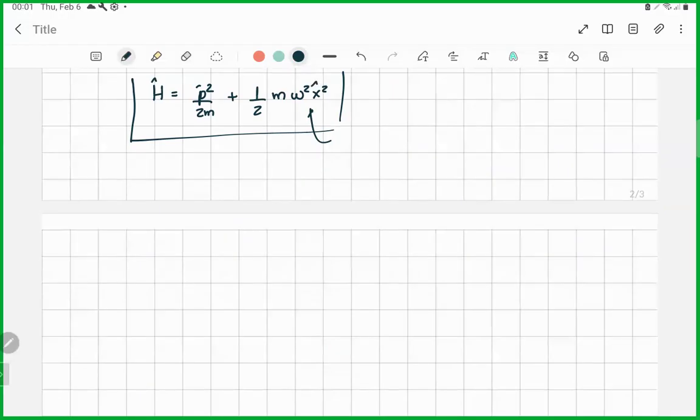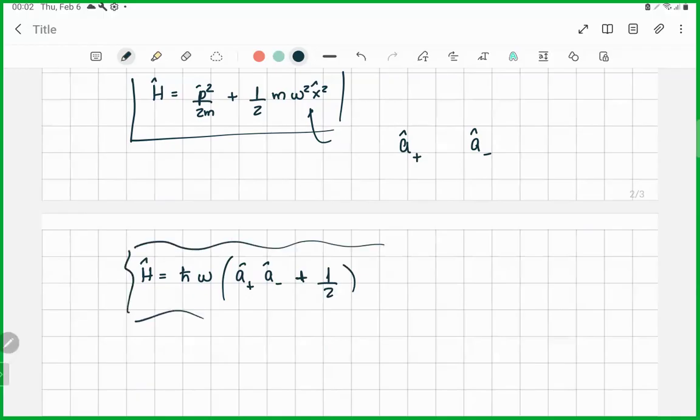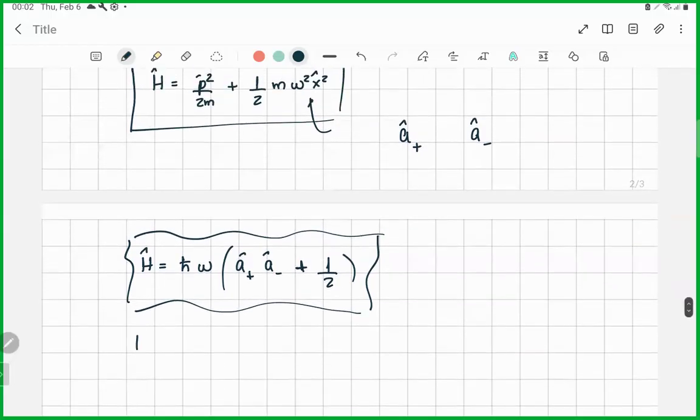But after introducing the operator a plus and the operator a minus, we found out that we can write this Hamiltonian as equivalent to what we have there. We can also write this Hamiltonian as h bar omega with a plus a minus plus half. This is exactly the same thing as we wrote above, just a different notation using these new operators. And we can also write it as h bar omega, a minus, a plus.